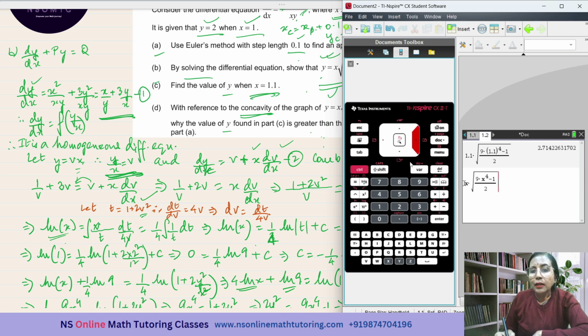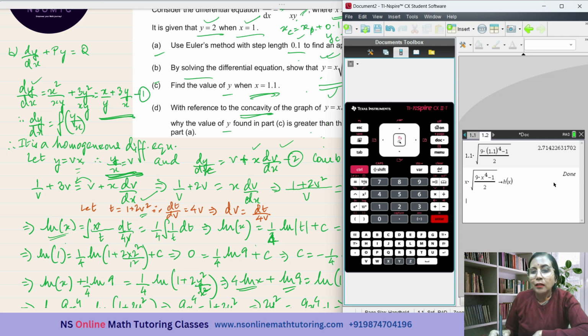I want to store it. Over here there is the store button in red, so I press this, and let me take it as h of x. Enter.